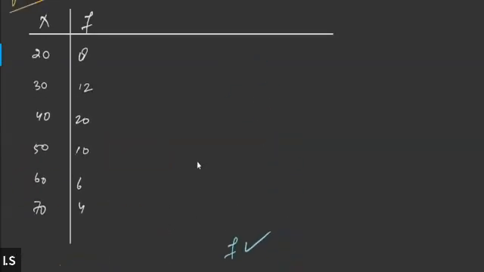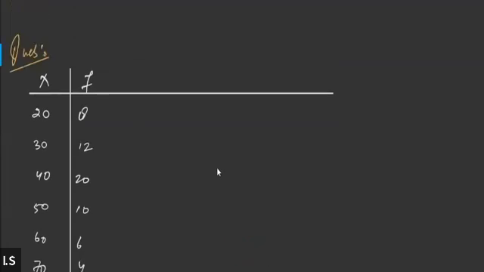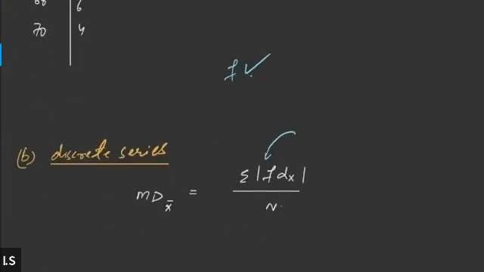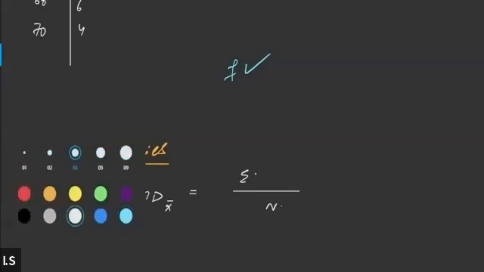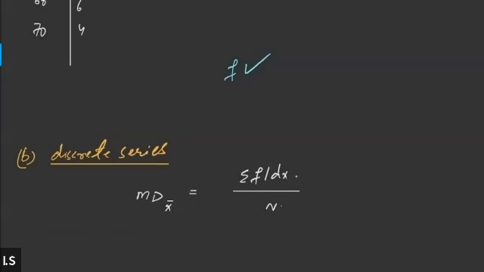Frequency is already given in the question, so we are not required to find out the value of the frequency. Now in the formula, you can see that frequency is multiplied with the dx, right? So this will be written something like this: frequency sigma dx.